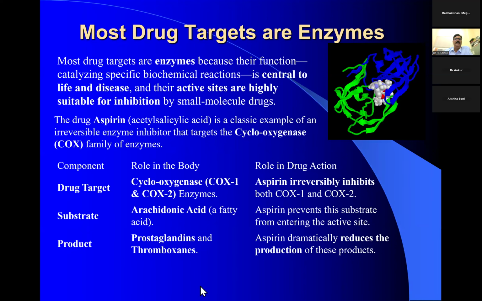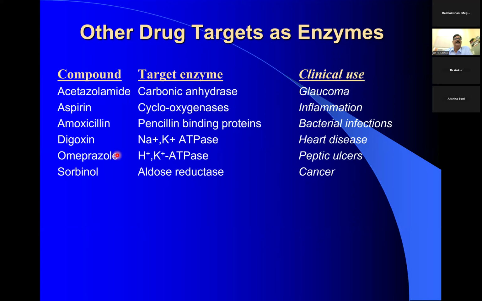Okay, if you look at other targets which act as enzymes, for example, acetazolamide targets carbonic anhydrase, with clinical use in glaucoma. Aspirin, I have just explained. Amoxicillin targets penicillin binding protein, responsible for bacterial infection; in case of bacterial infection, we prescribe this antibiotic. Digoxin targets enzymes and is used in heart diseases.